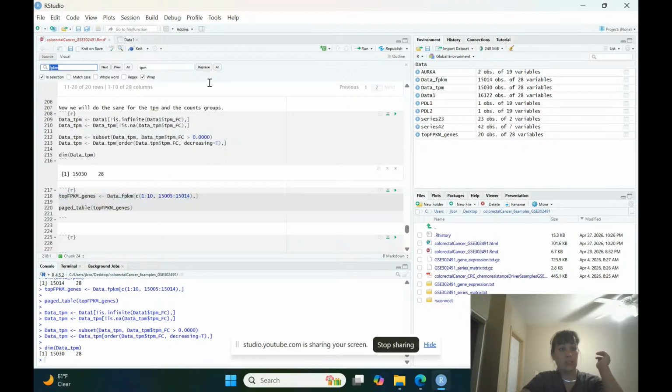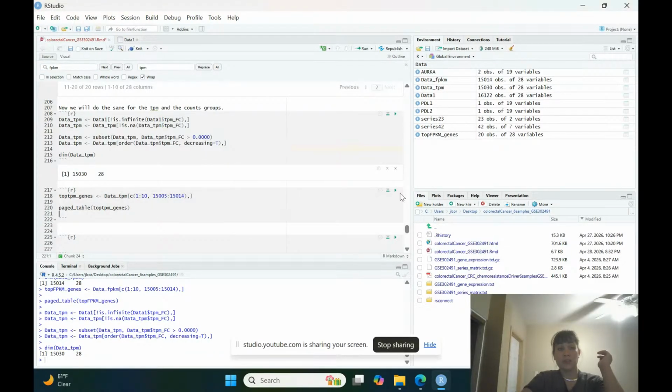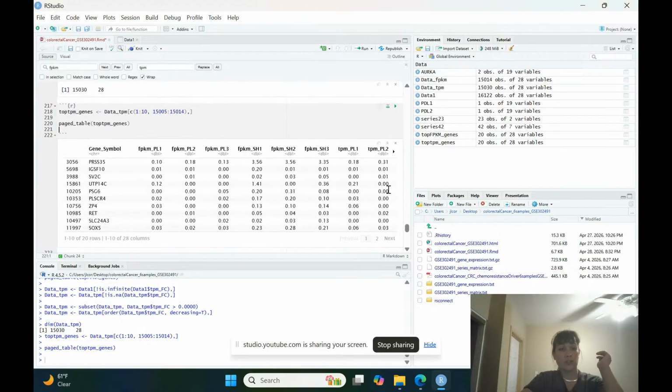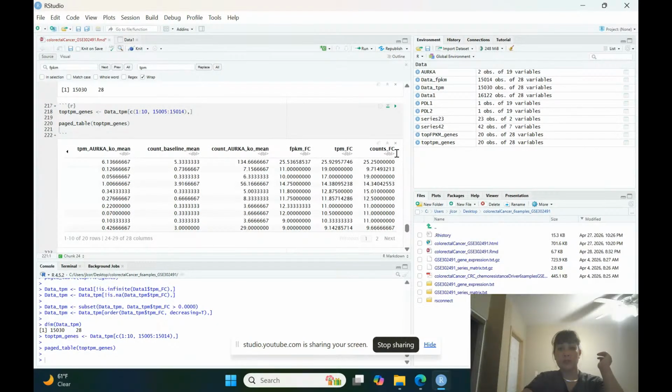Make sure this is selected in selection. And then all, it's only 3 occurrences. That makes sense. So we'll run this code. Great. Now it's going to be ordered by TPM fold changes. We got our upregulated genes. And then we got our downregulated or inhibited genes.